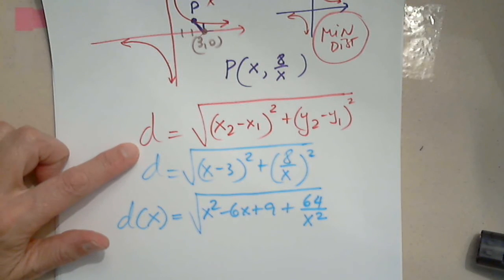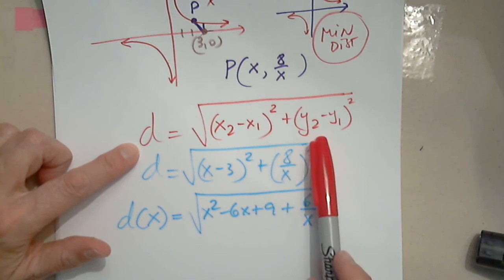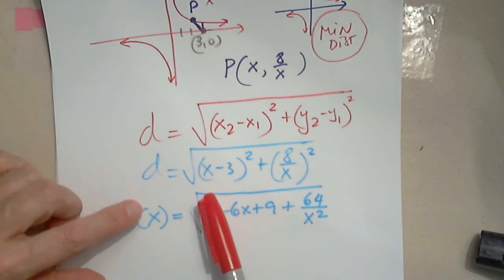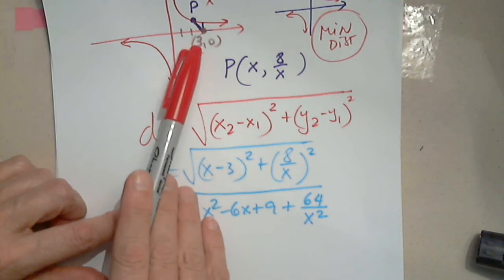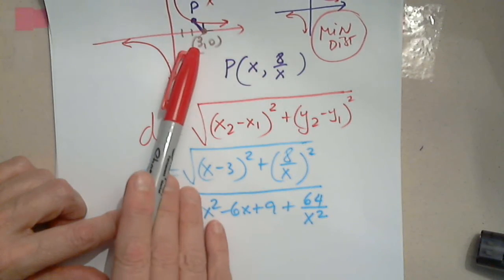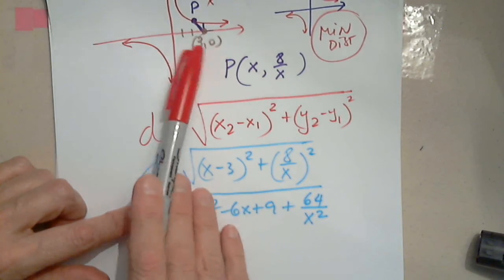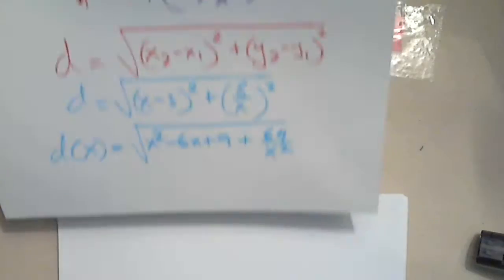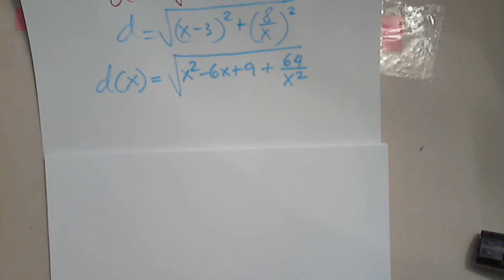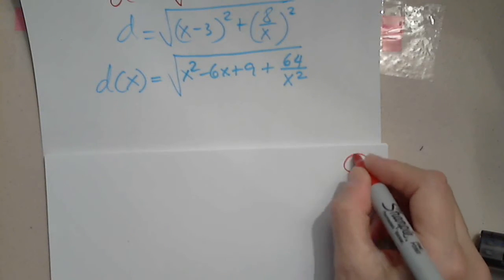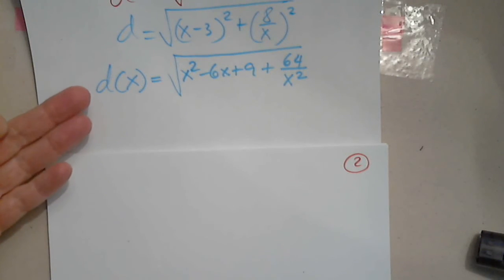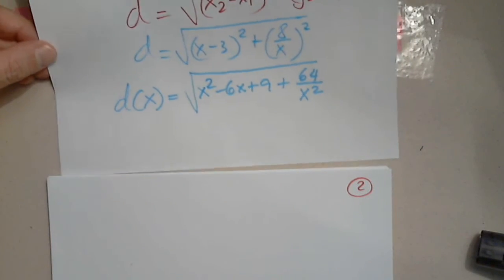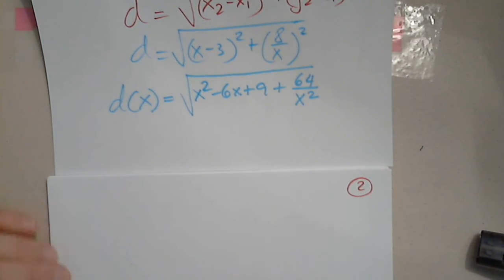We remember the distance formula, x2 minus x1 squared plus y2 minus y1 squared, and then we plugged it in, we squared them and we expanded. So we already have what we're looking for in the sense of the function. Sometimes the function is given to us, and that's a plus. But in this situation, the function wasn't given to us, so we had to find it.